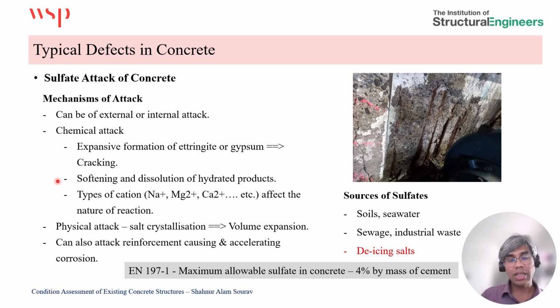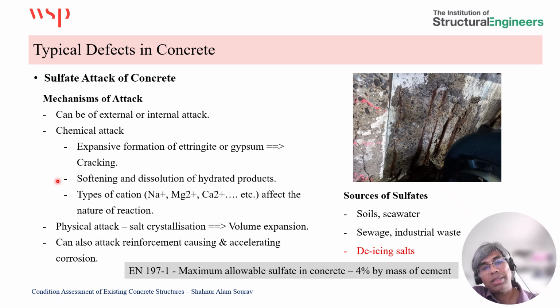Another type of deterioration can happen due to physical attack, which can occur due to salt crystallization within the microstructures, the pore voids of the concrete, leading to volume expansion and eventual cracking.